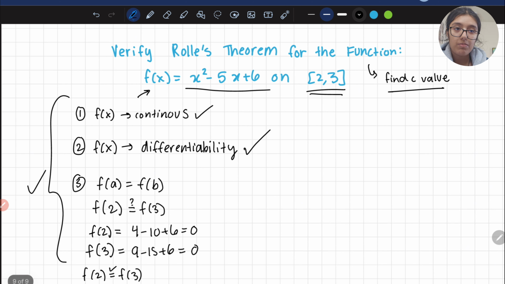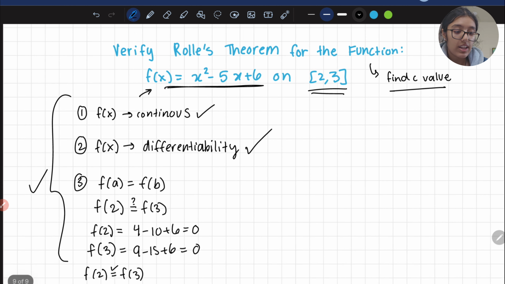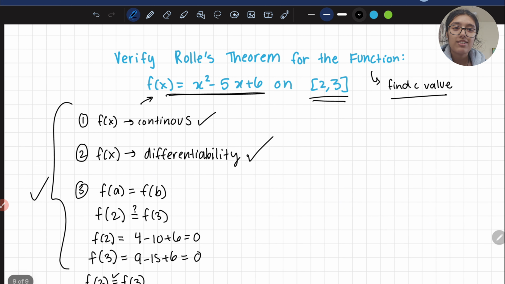So Rolle's theorem, we actually need to find when the derivative is equal to 0. Or in other words, when the slope is equal to 0. So let's actually find the derivative of that. In these cases, if you don't know what to do, chances are 99% of the time, just take a derivative first. So we have f prime of x is equal to 2x minus 5.